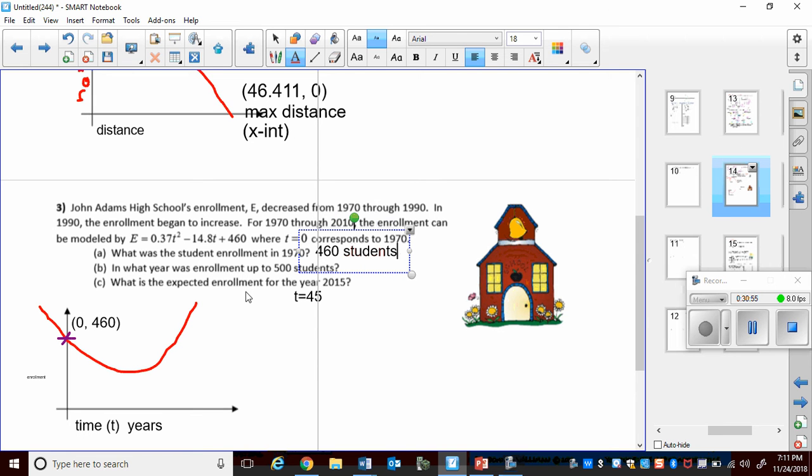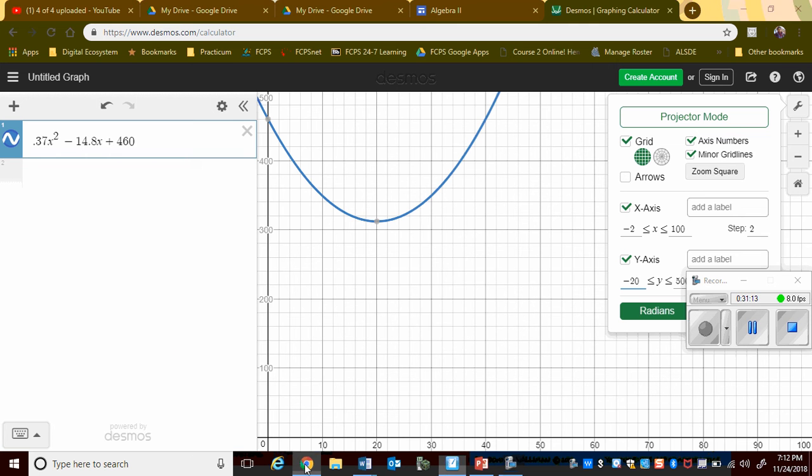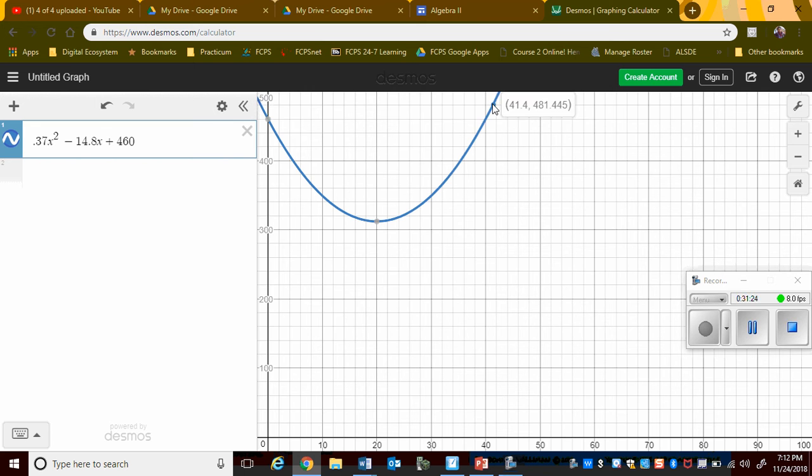It says, in what year was enrollment up to 500? So it looks like I might have one answer here. We're going to go back to the graph and find where y equals 500. So here's 500. We're not going to use any negative values. But over here, what is this value where y equals 500?